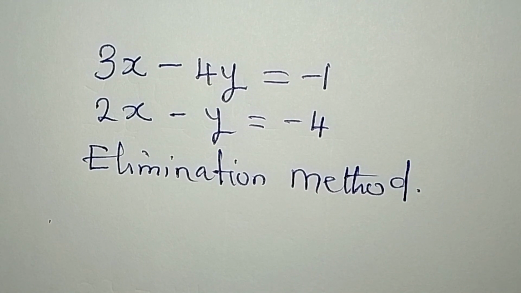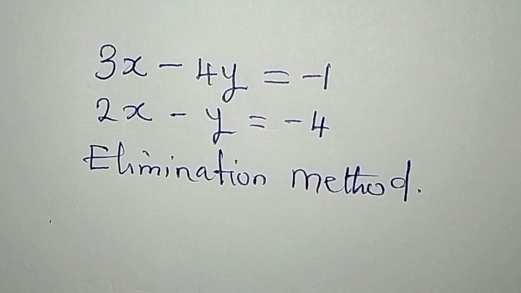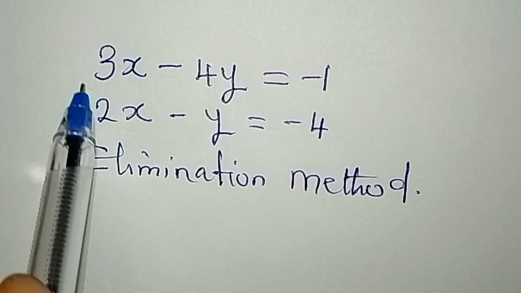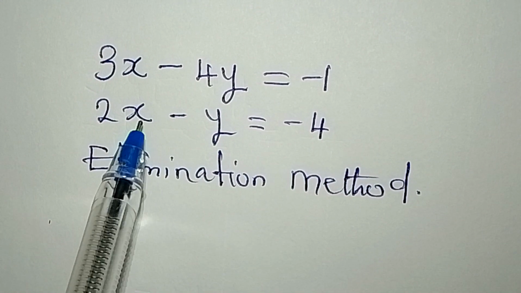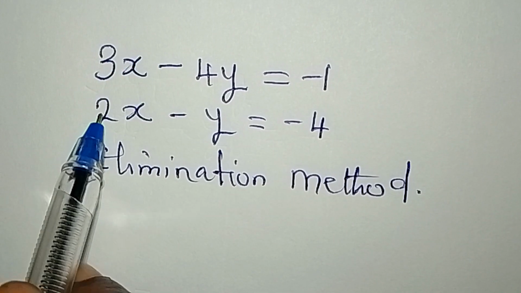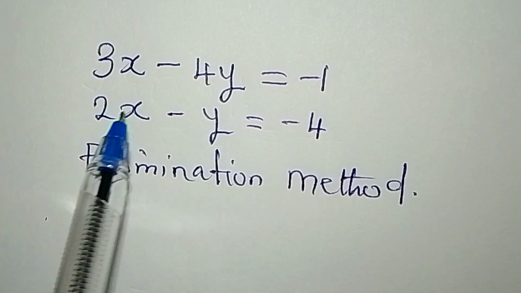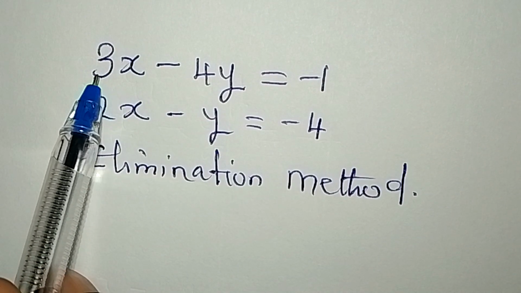If you're using the elimination method, the first thing you do is to make sure that you have the same term in the two equations. Now we are not having similar terms, so we'll multiply equation 1 by 2, then multiply equation 2 by 3.